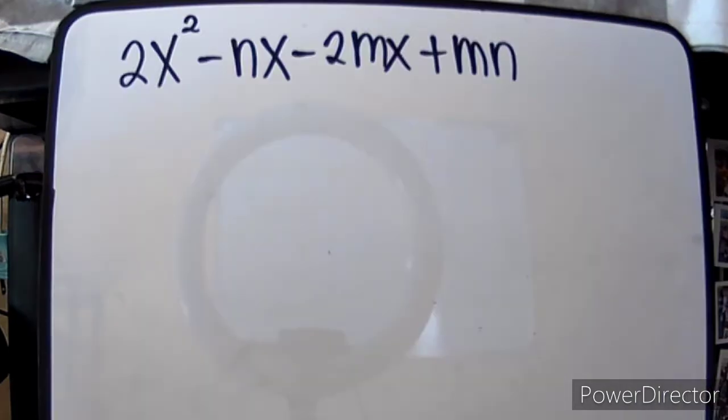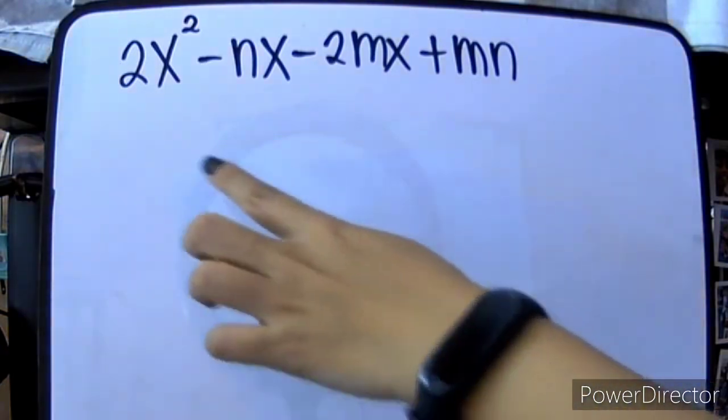So this is another example, and as you can see, wala akong makitang perfect square trinomial. Perfect square trinomial, the first term and the third term is a perfect square, and then the middle term is twice the product of the square root of the first term and the third term. So wala naman, ang square lang ay ito.